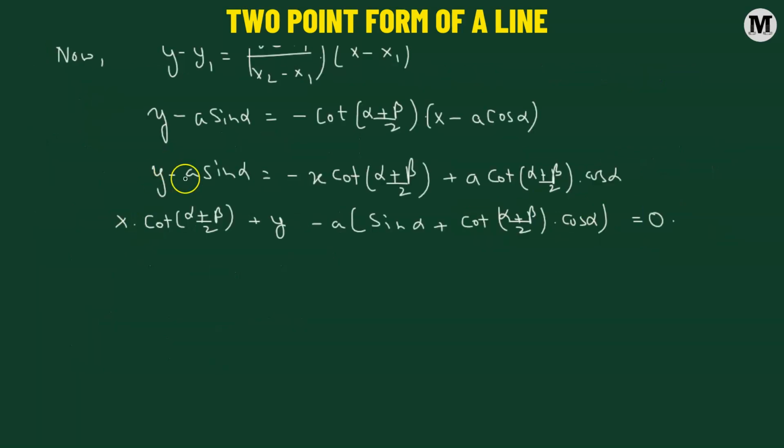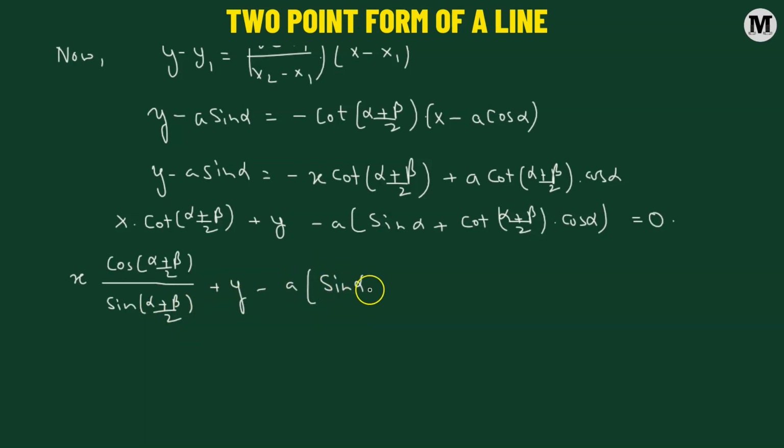However, if we want, we can go a few steps further and reduce this using some laws of trigonometry. We can rewrite the cotangent function as the ratio of cosine of alpha plus beta over 2 divided by sine of alpha plus beta over 2, so x times that, plus y minus a times sine alpha plus cosine alpha times the same ratio, equals 0. Now we multiply throughout the equation with sine of alpha plus beta over 2.